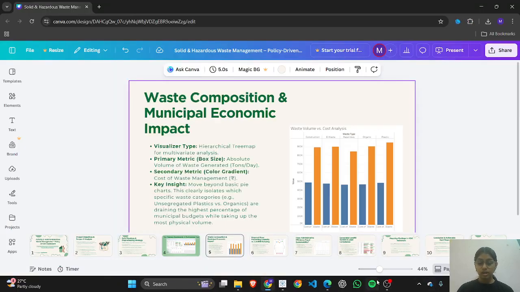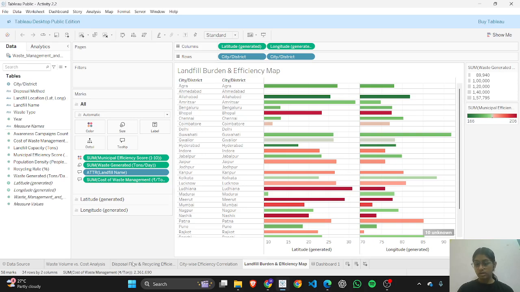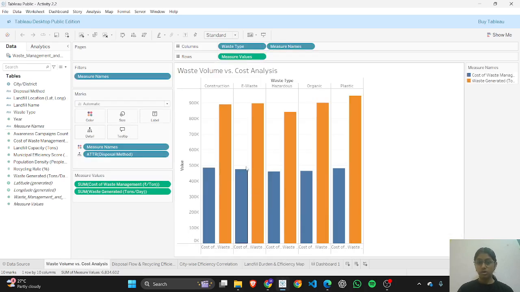I can show you the working sheets. This is the first one. For example, waste generated per day in construction is 8,89,098 tons, and similarly for e-waste, hazardous waste, organic, as well as plastic. The highest can be seen in plastic waste.